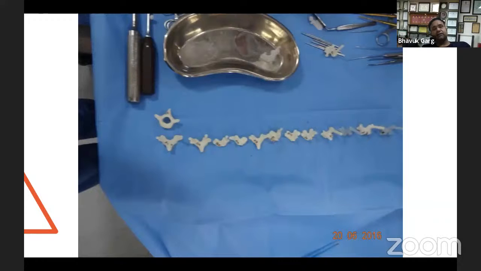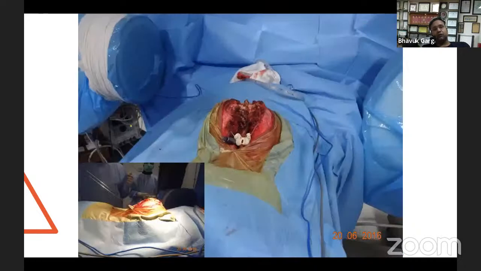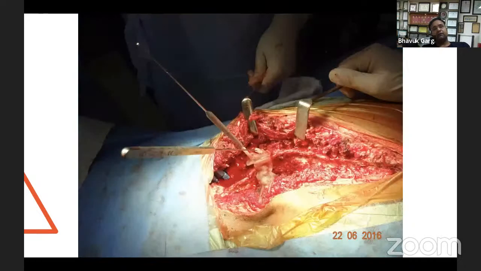This is how we label each and every jig, and we keep them sterile on the table, and we use them to put the guide wires for the planning of our screws. So you can see how the changes occur from one level to another, and we can pick up these great changes at a single level with the help of these 3D printed jigs.